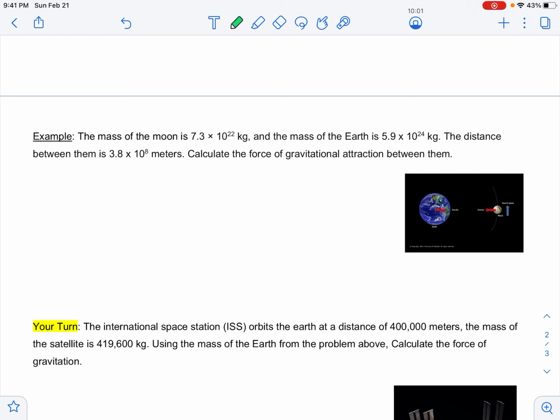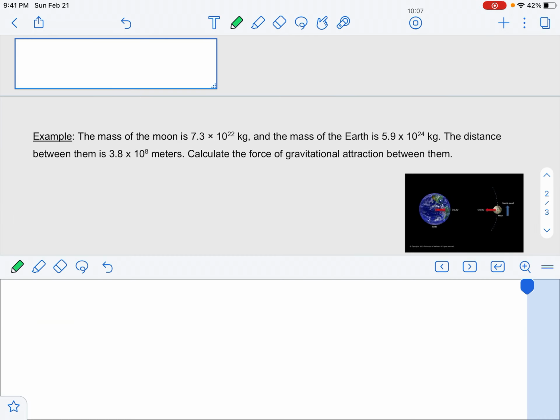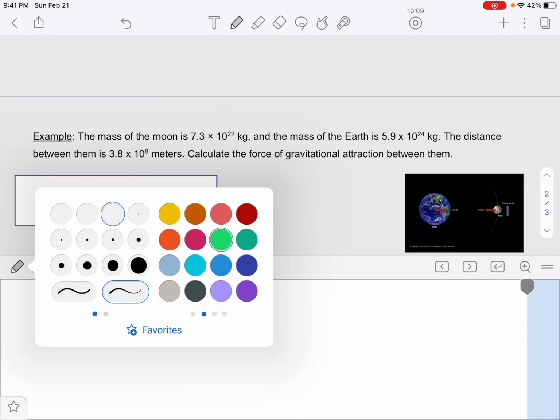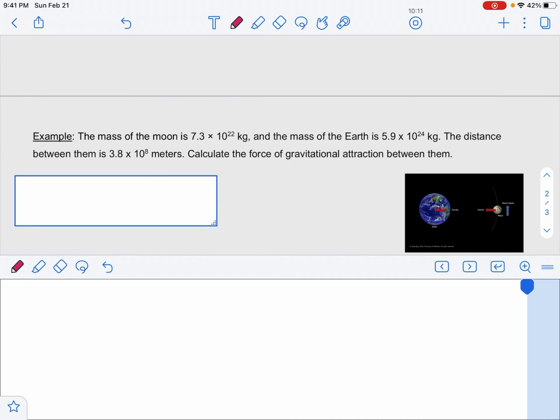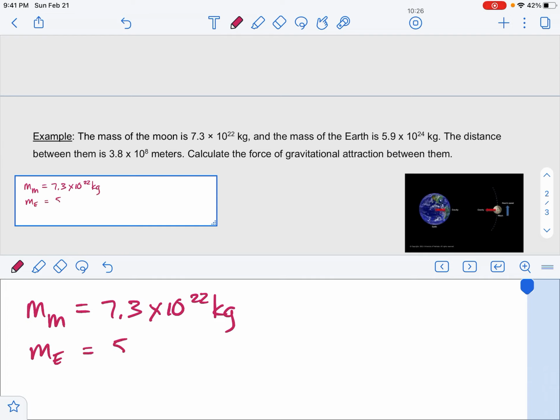Now remember that we have to use some really big numbers here because we're looking at planets and moons. All right, so what have we got? We have the mass of the moon, so I'm going to say mm, right, for the moon, 7.3 times 10 to the 22nd kilograms. The mass of the Earth, so me, 5.9 times 10 to the 24th kilograms.